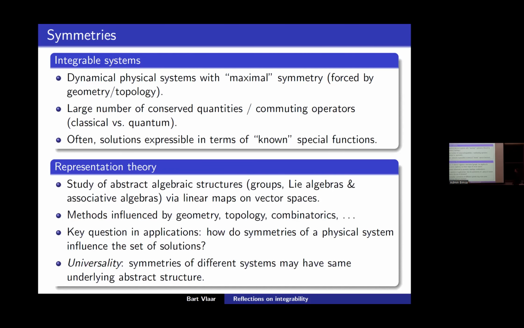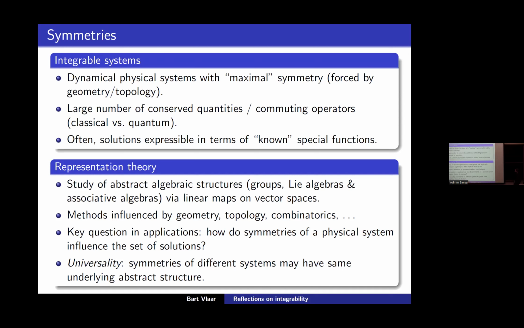Representation theory, the right-hand side of my first slide, is roughly speaking, when you take an abstract algebraic structure, like a group, for instance, the basic class of examples, and you study it by seeing how it acts on, how it represents itself on, let's say, vector spaces. The group elements correspond to invertible linear maps on vector spaces.